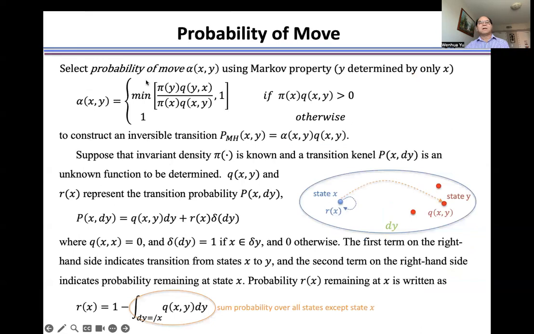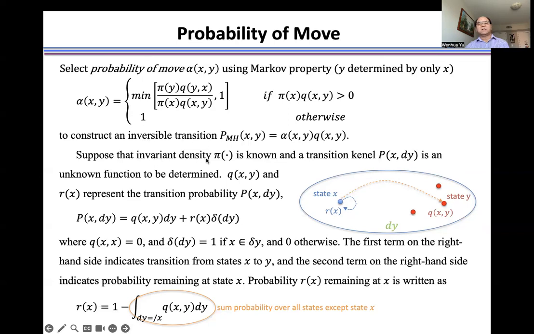We select alpha using the Markov property. We use this formulation to calculate alpha. If this denominator is larger than 0, we pick the smaller number from these two terms. Otherwise, we let alpha equal 1 to construct an invertible transition.